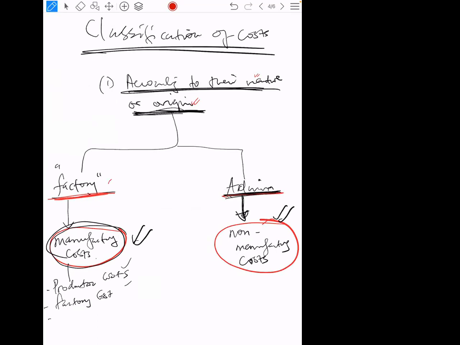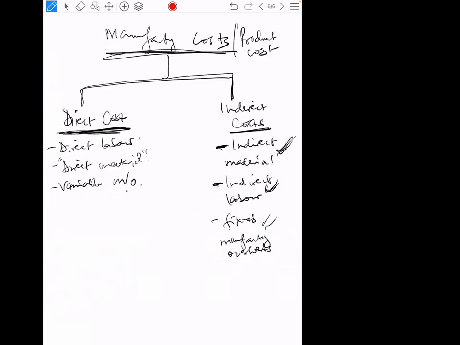All right. What we see here is the classification of manufacturing cost according to their components.